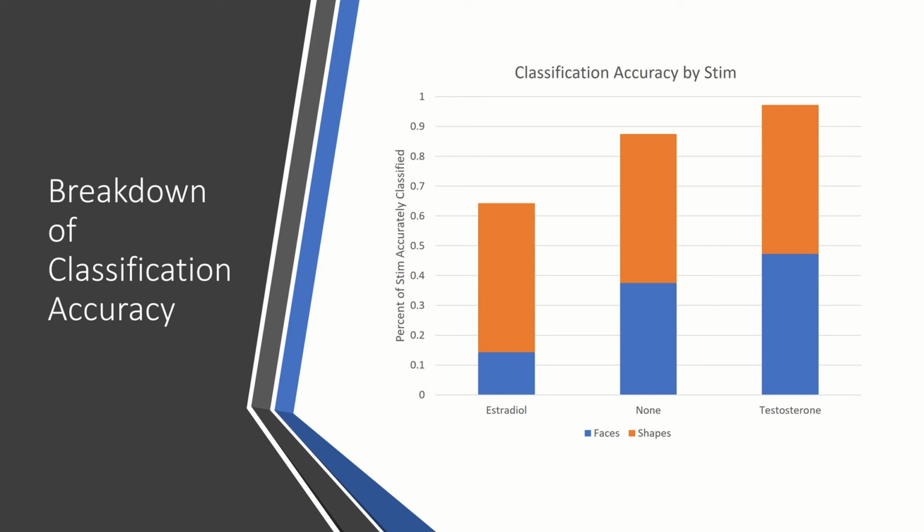I think one element here, and why it's important to break it down by individual accuracy type, is that you can obtain 50% accuracy by always guessing shapes for everything. Right, exactly. If it was truly that, then all of estradiol, for example, would be all shapes.